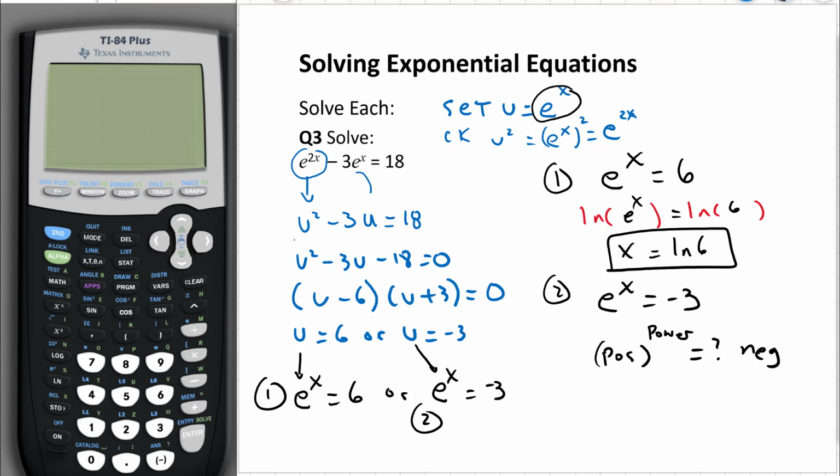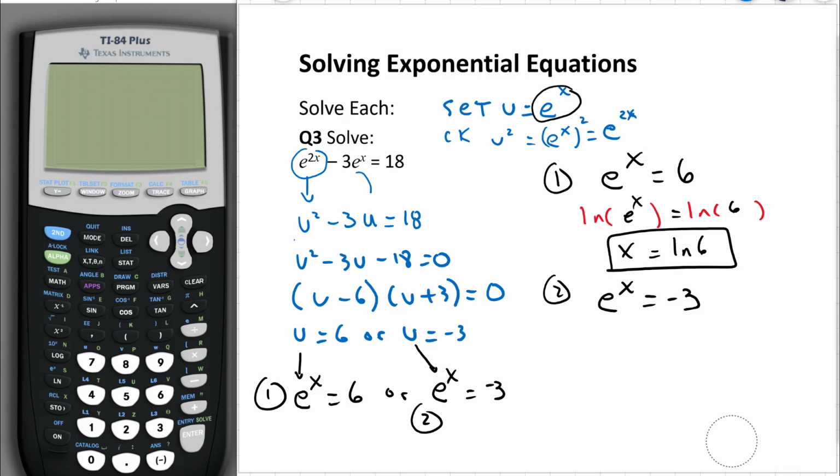No, never. Because if you have a positive with a positive power, you get a positive number. If you have a positive number with a negative power, you get a reciprocal, but it's still positive. It's always positive. This equation is impossible. It has no solution.